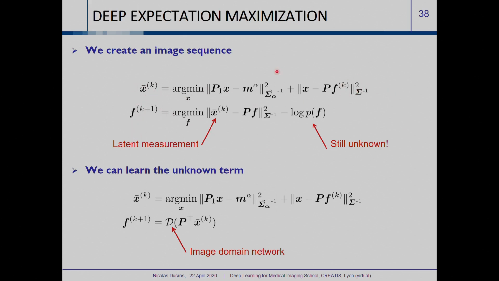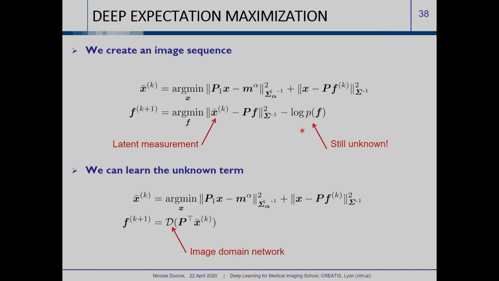The first equation provides a solution x bar that is injected into the second equation, and this variable here is the so-called latent variable. It is in the measurement space because you compare it to PF, so it lies in the measurement space. And this is a measurement you don't have access to, but you would like to compare to your previsions.